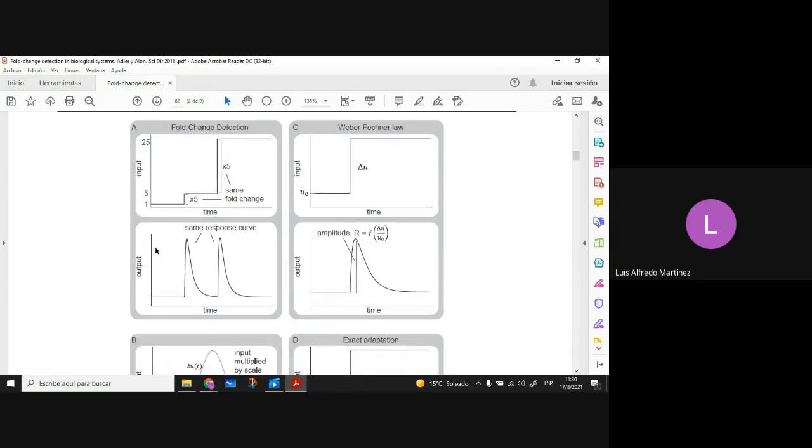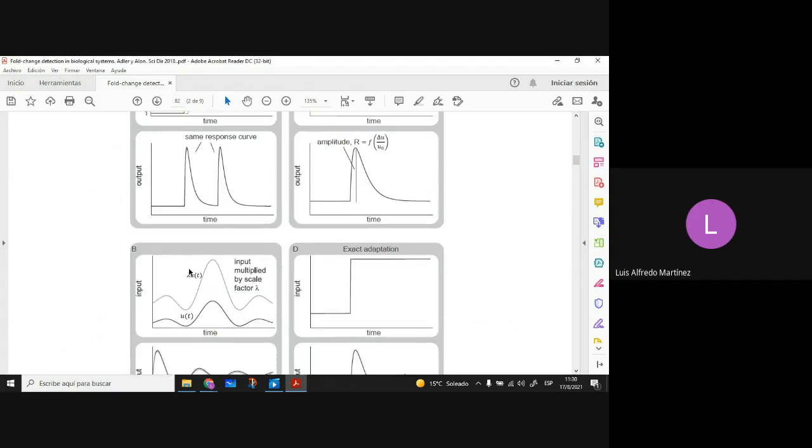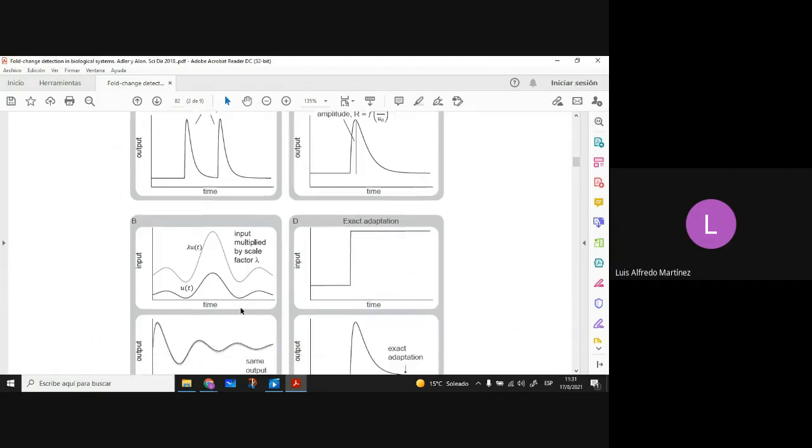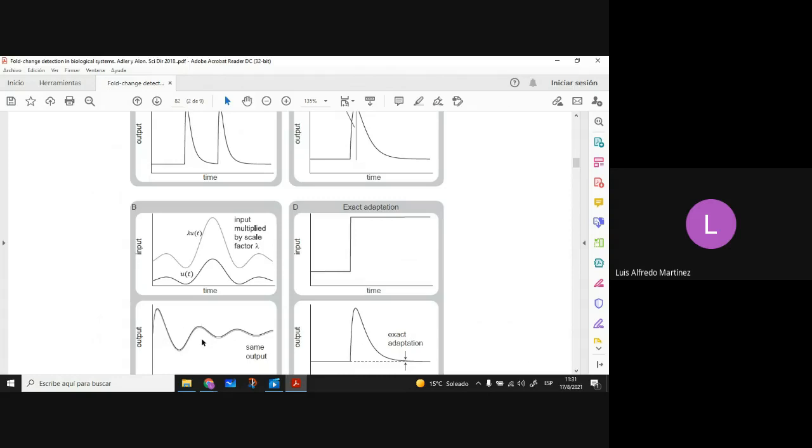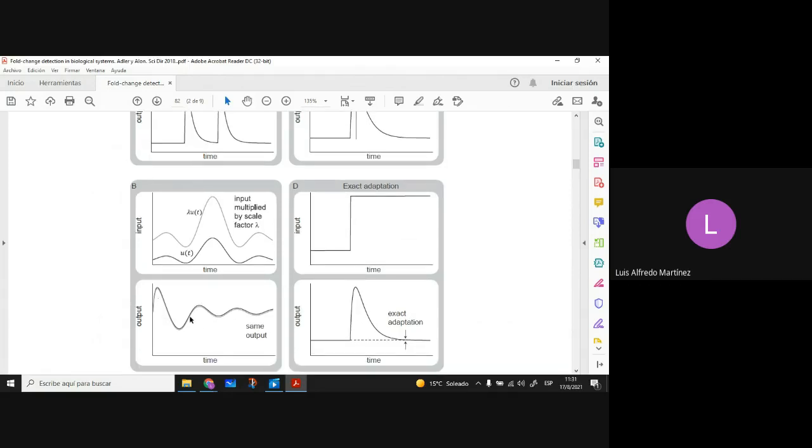Figure 1b, when multiplying the input by a scale factor, in this case this signal and this signal, the difference is the scale factor lambda. The output remains equal, in this case in the damped dynamic.